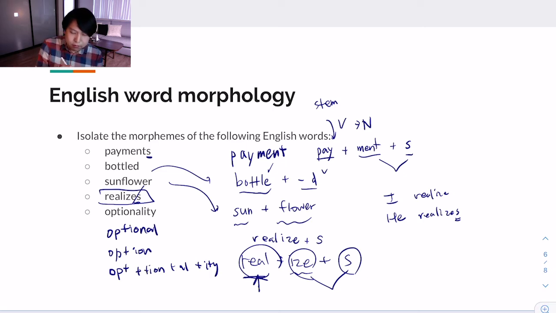Ion makes words a noun, al at the end makes something an adjective, and ity is an ending that makes a word a noun again. So there's only one stem, one free morpheme, opt, and you have three suffixes, ion, al, ity. So four morphemes in a single word. So that's how you isolate the morphemes in a word.